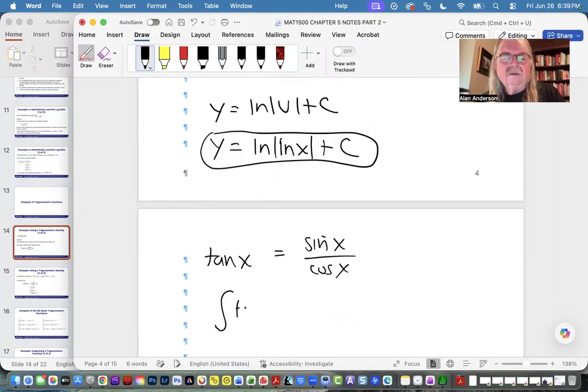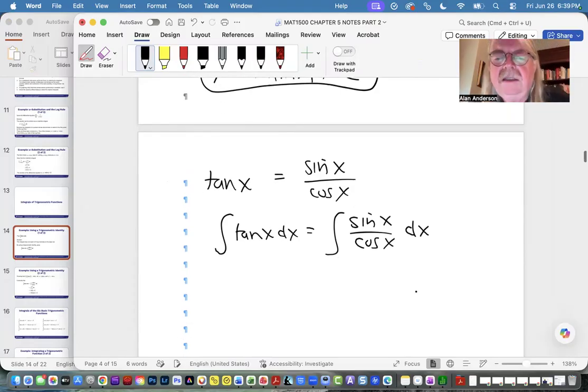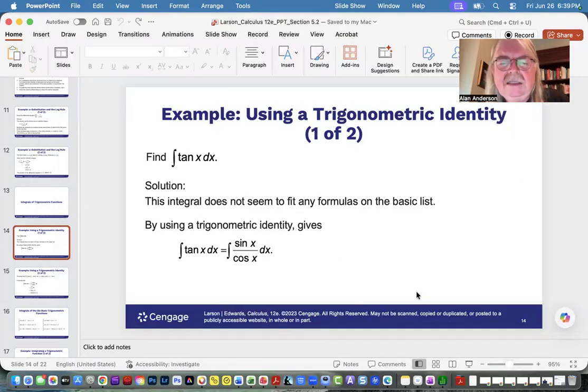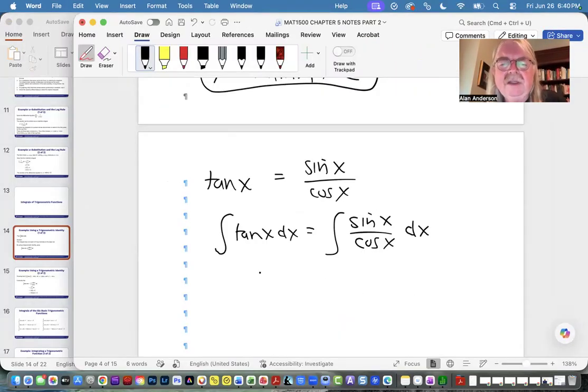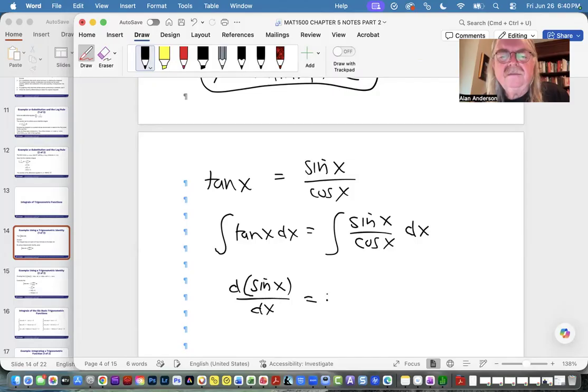So these two integrals are the same. Now we have to pick the u. Keep in mind that the derivative of sine x is cosine x.